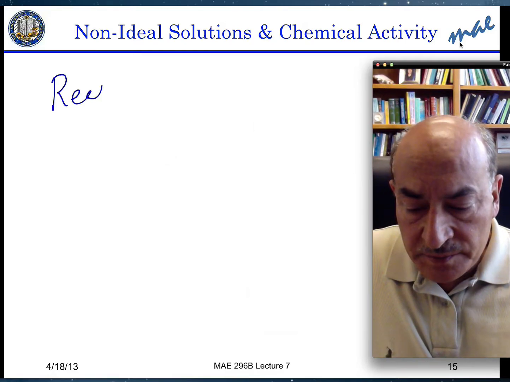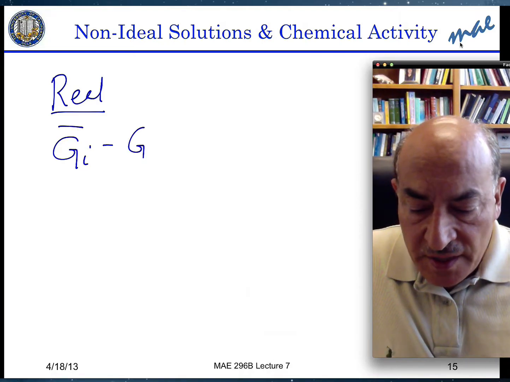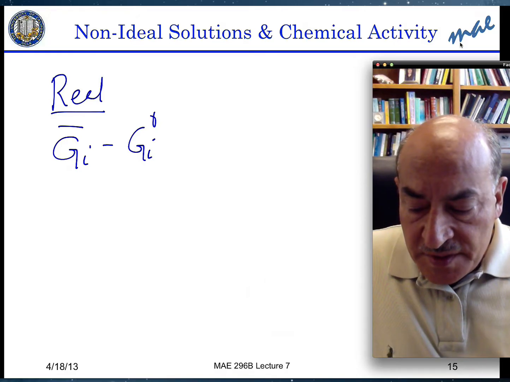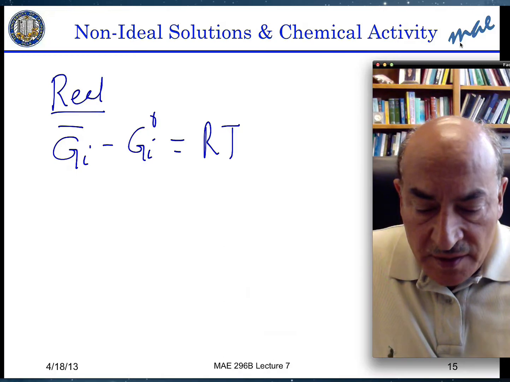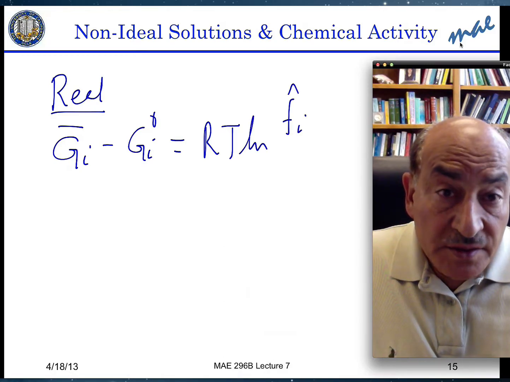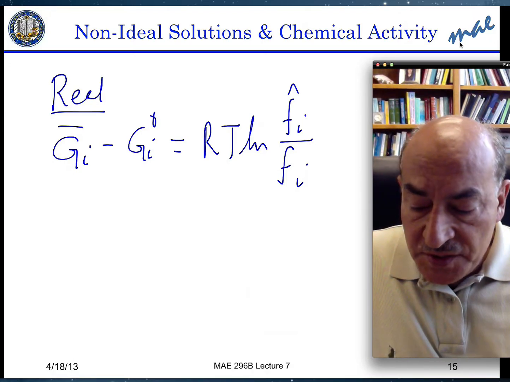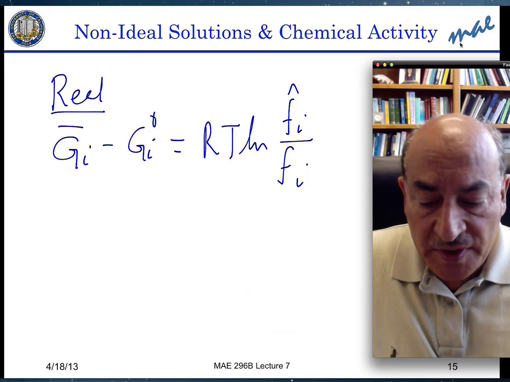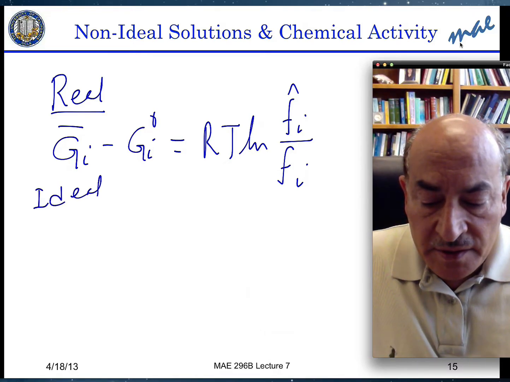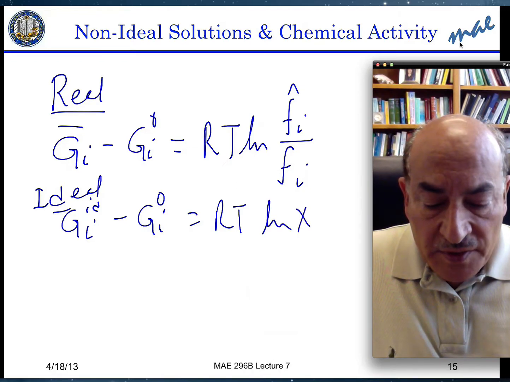So for real, I have Gi bar minus Gi 0, the same reference state, and this will be equal to RT ln of fi hat divided by fi. Now I just subtract from the ideal, so let me write the ideal here and subtract. The ideal, we had Gi bar ideal minus Gi 0 equal to RT ln of xi.